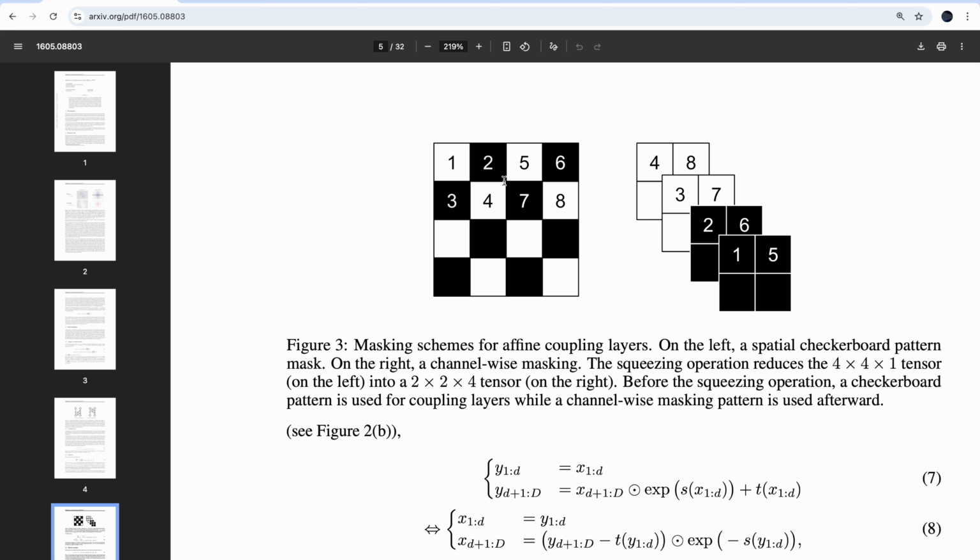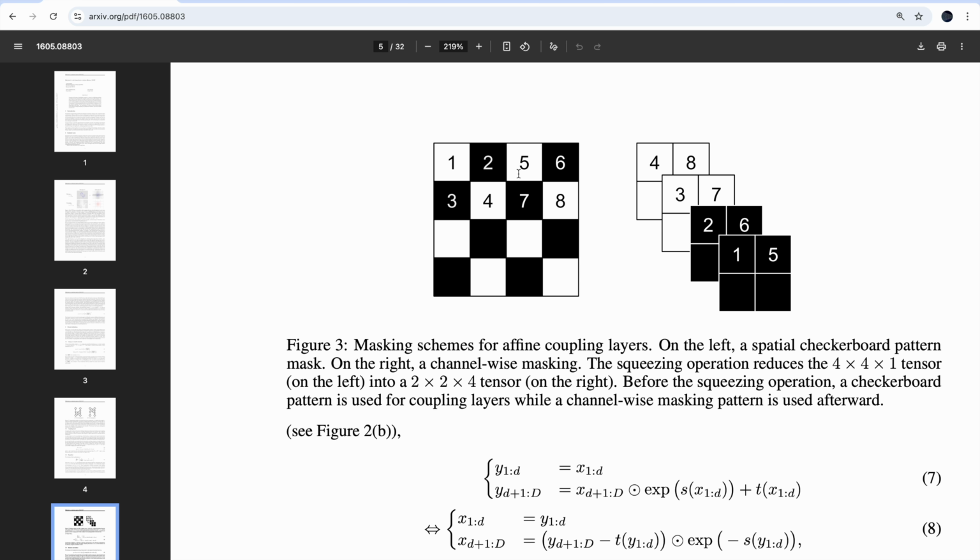So to keep some kind of spatial pattern, we choose carefully which dimensions we modify and which we do not modify. So we apply a checkerboard pattern, and we only modify either the white cells or the black cells.